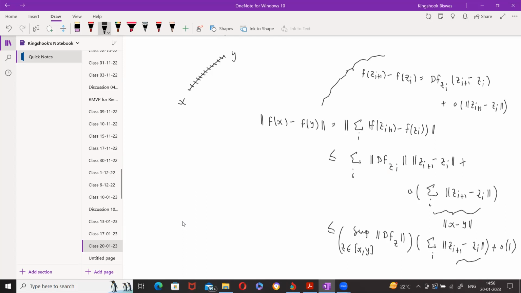And this sum is equal to the norm of x minus y. Okay, so now you let the mesh of the partition tend to 0, and then you'll get the mean value theorem. Is this clear?